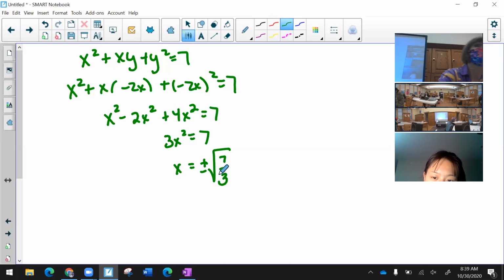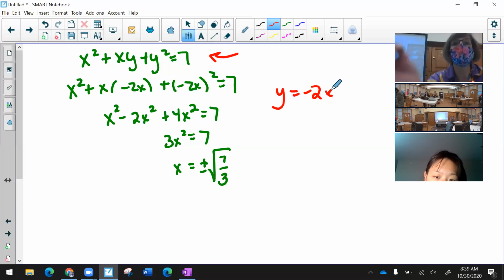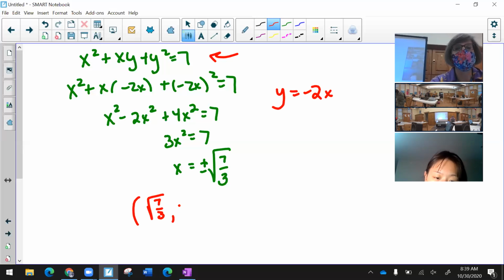So then it's asking me for points, which means I need an x and a y, right? So instead of substituting into this monster of an equation, I can recall that y is equal to negative 2x. So that means that 1 point is going to be positive radical 7/3, and my y value is going to be negative 2 times radical 7/3.